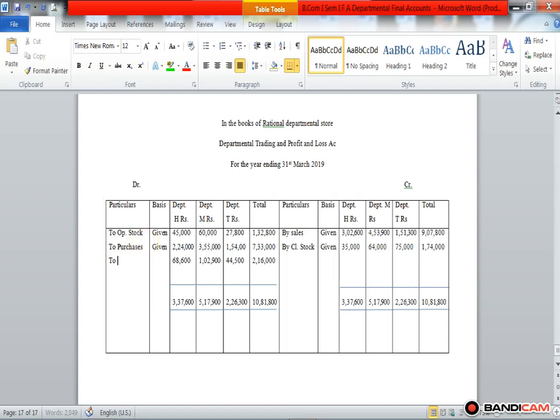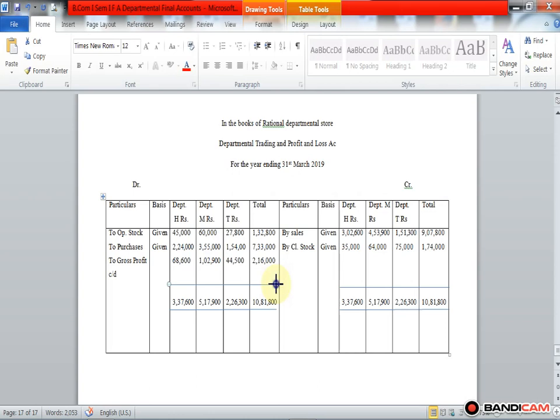To gross profit carried down to next year. So here gross profit is transferred to the credit side of profit and loss account.